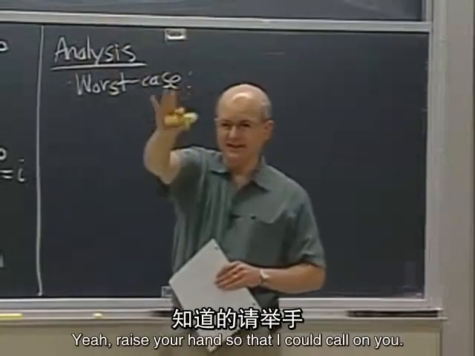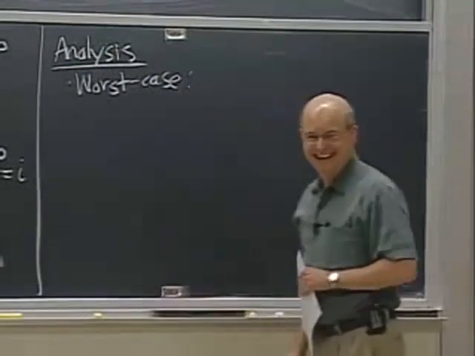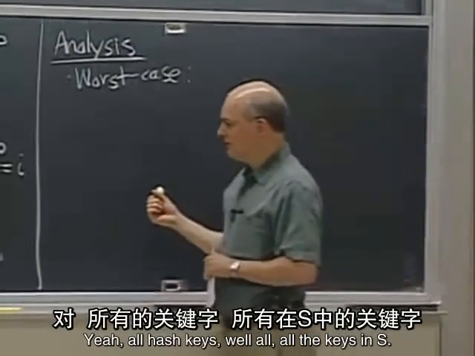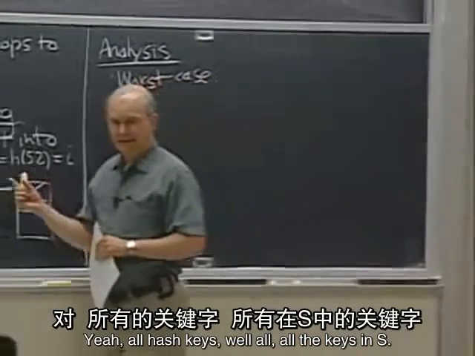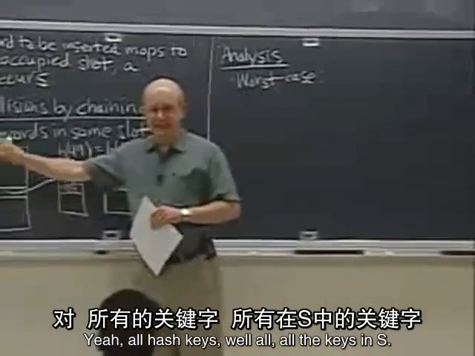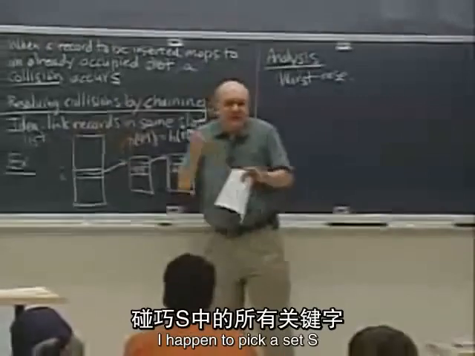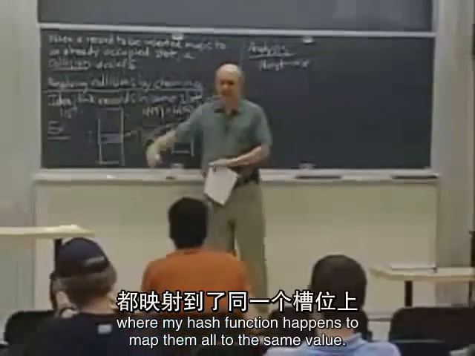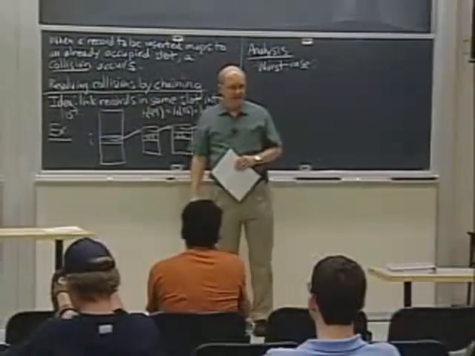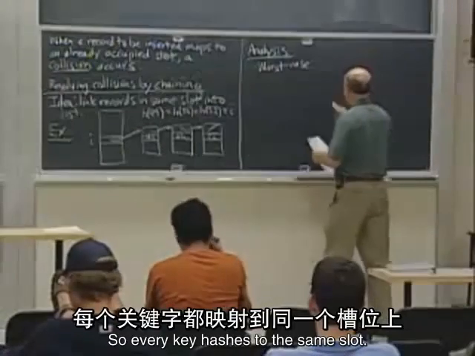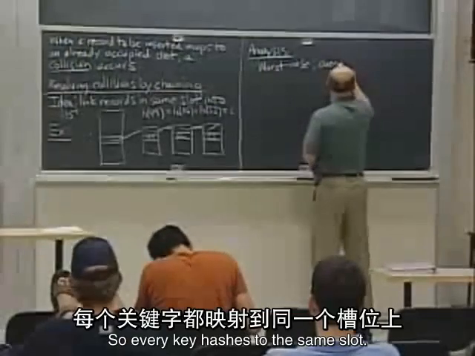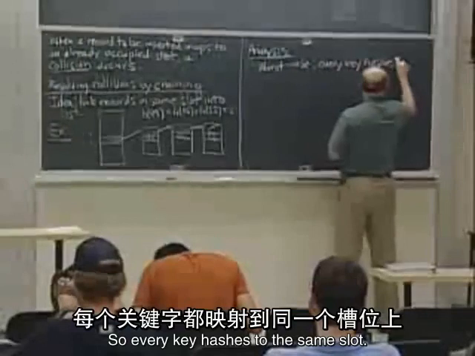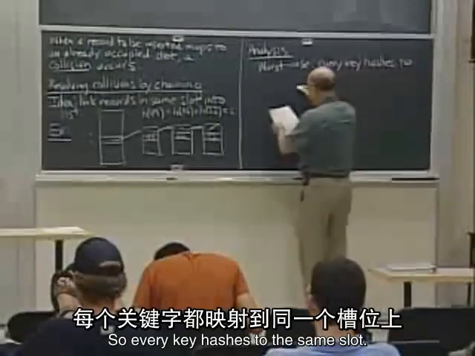Yeah, all the keys in S. I happen to pick a set S where my hash function happens to map them all to the same value. That would be bad. So every key hashes to the same slot.